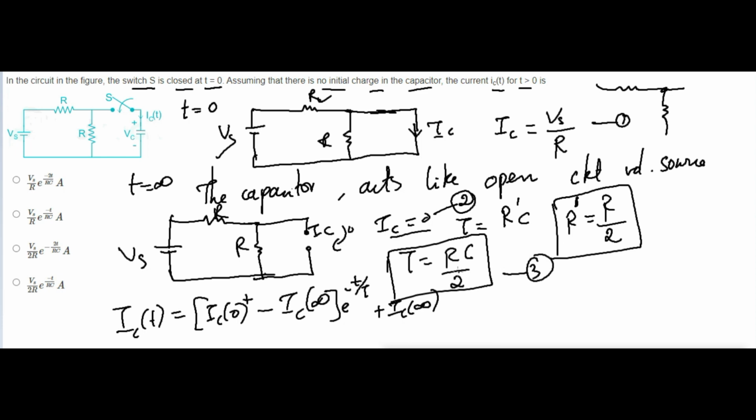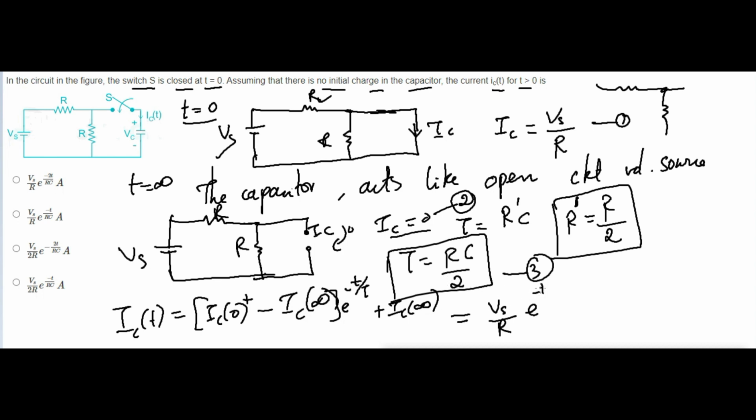So from all these things, IC of infinity is going to be 0. Okay, so it is equal to IC of 0, that is Vs divided by R. At 0 you have a value. At infinity you don't have any value. Am I right? And you have e power, so this has become 0. Then e power minus t by tau.